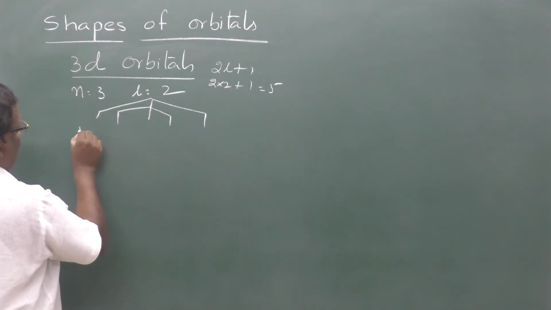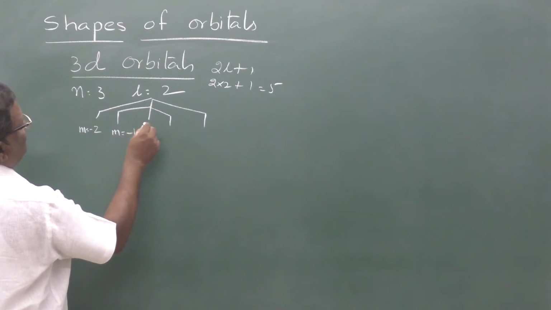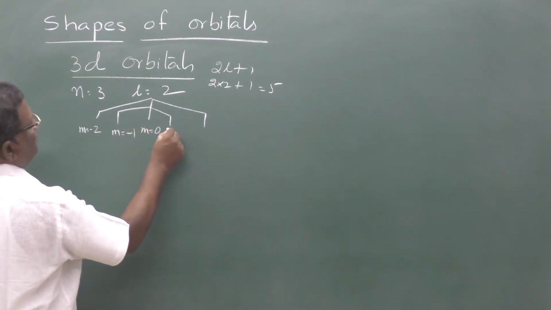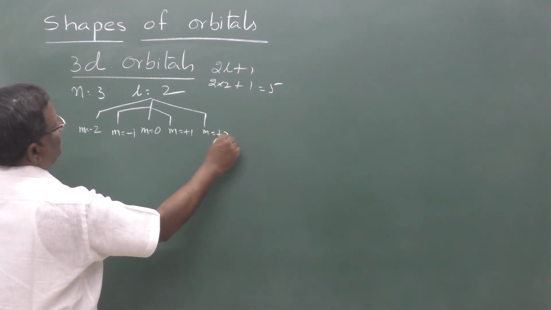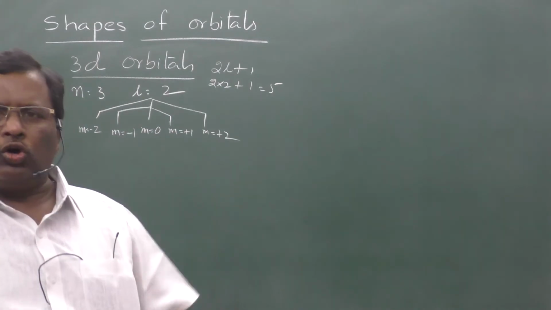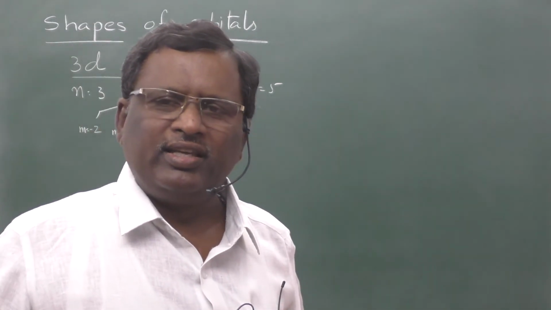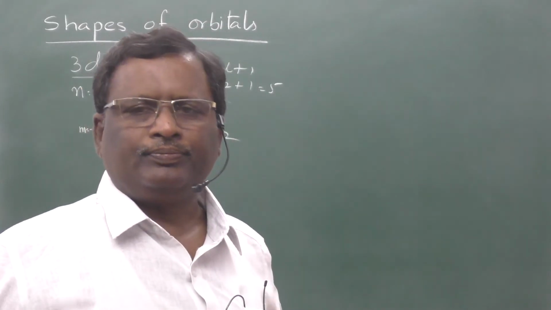There is m is equal to minus 2, m is equal to minus 1, m is equal to 0, m is equal to plus 1, m is equal to plus 2. That means we have 5 orbitals in d sub energy level with 5 different orientations.